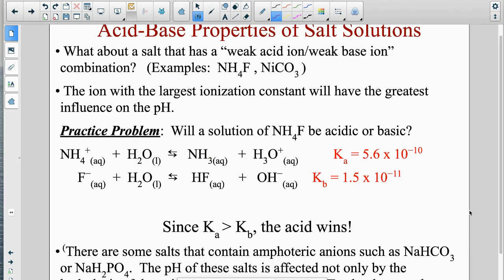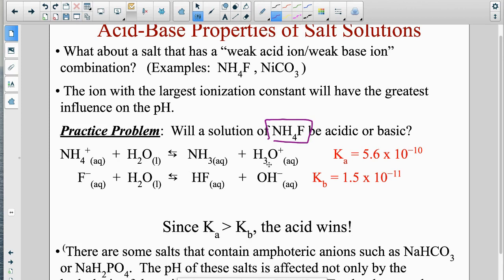Now, there are some cases where, what if you have a weak acid ion and a weak base ion? What if both ions come from something weak? Now you have the conjugate of a weak thing with the conjugate of another weak thing, and both of them could affect the pH. So in the case of NH4F, ammonium fluoride, the ammonium could undergo hydrolysis with water, and the F- can react with water.